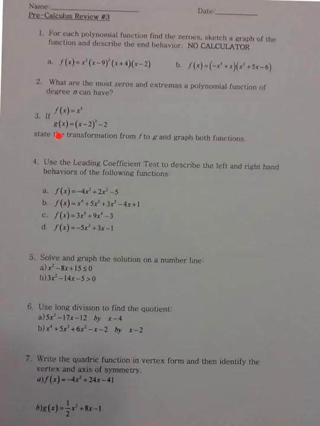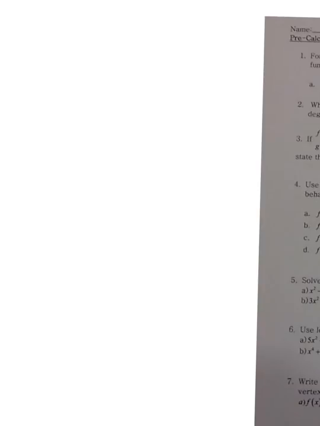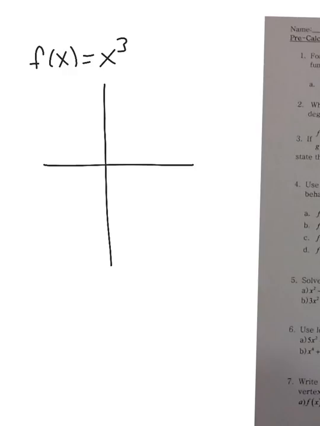Okay, so let's take a look at the next one. It says if f of x is equal to x to the 3rd and g of x is equal to x minus 2 to the 3rd minus 2, state your transformation from f to g and then graph both. All right, so f of x is equal to x to the 3rd. If we graph it, use your table of values.